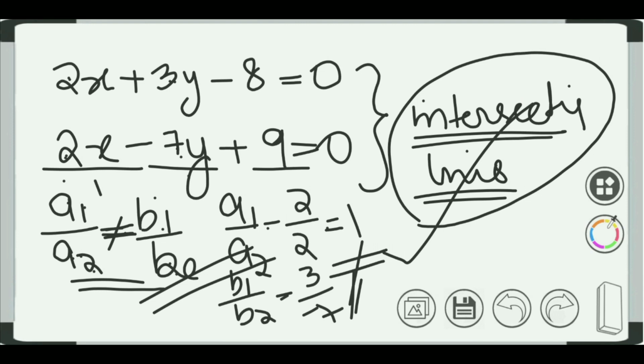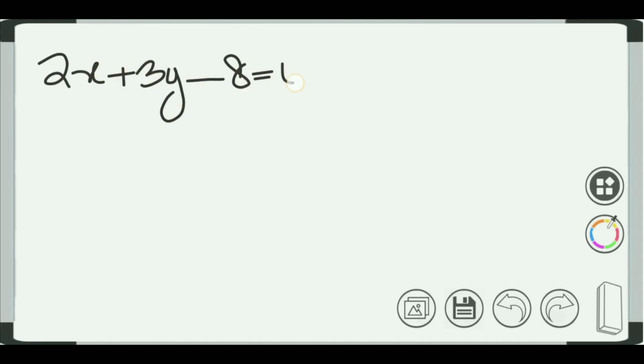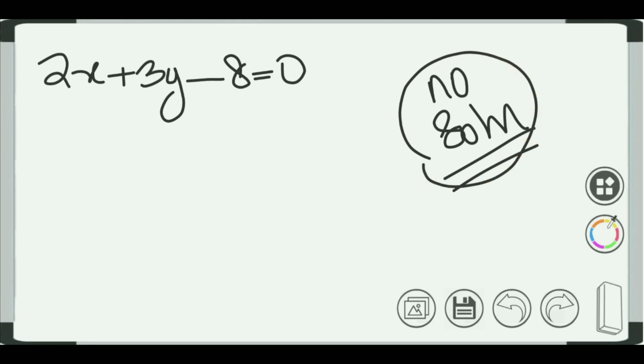Now what was the second one? Next one is parallel lines. I have given you a point regarding the parallel lines. For parallel lines, it should not have any solution. For no solution, the geometrical representation will be parallel lines, right?